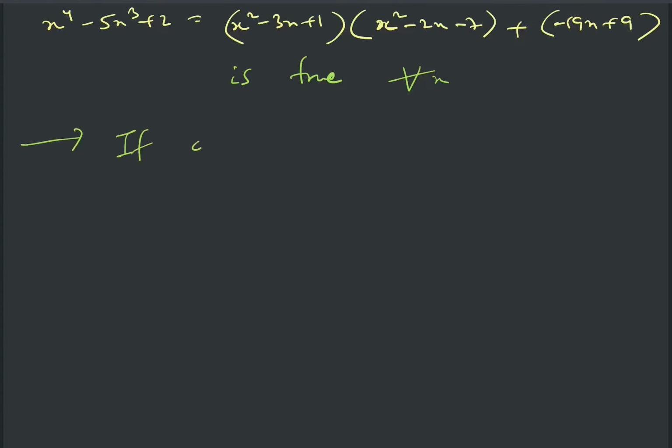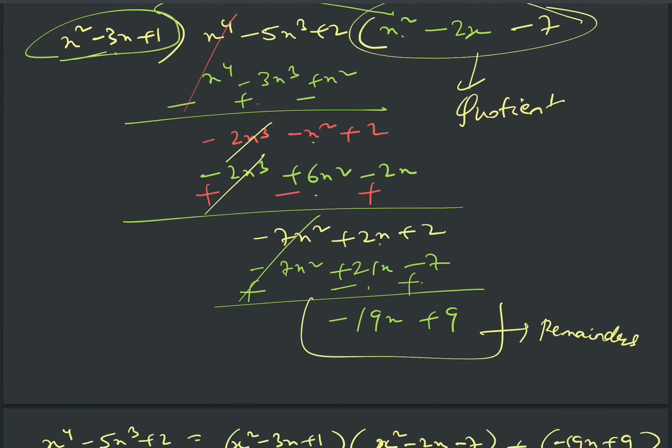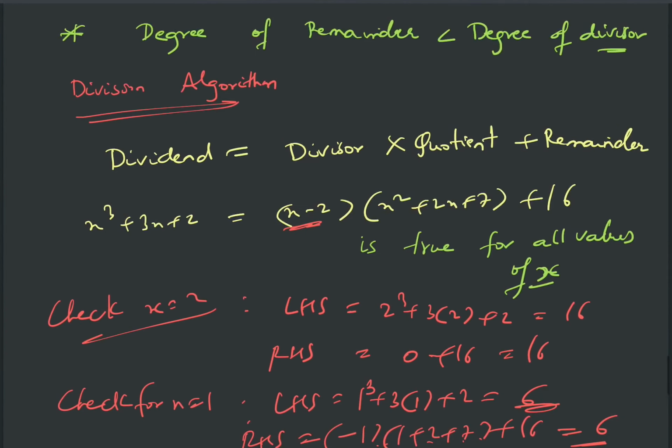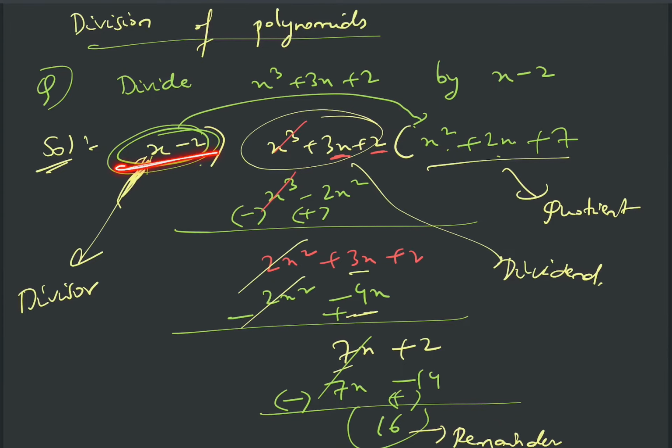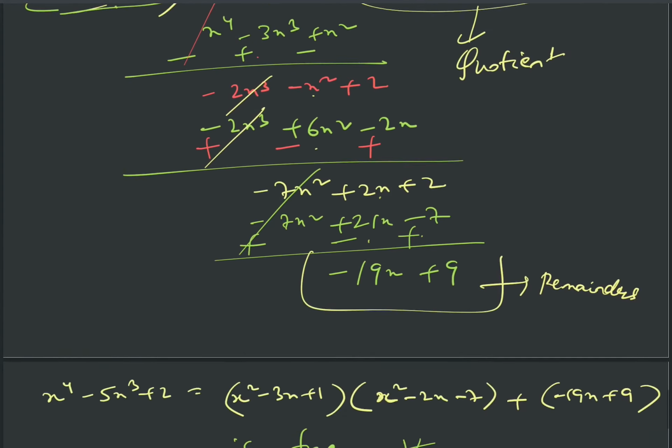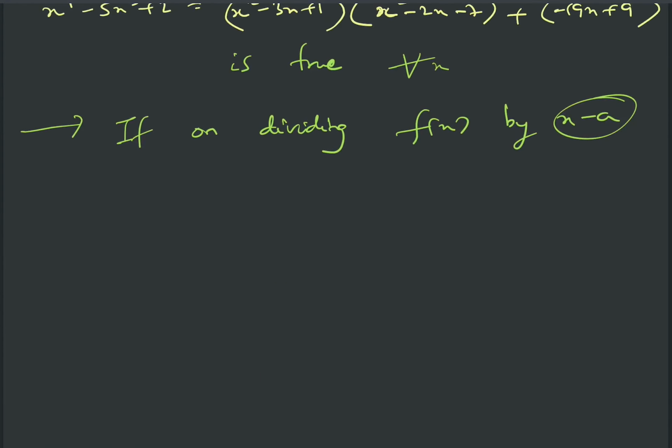So if on dividing f of x by x minus a, right, I am dividing with a linear factor. Here I have divided with a quadratic factor, and in this example I have divided with a linear factor. So you can divide with any factor. So if I divide f of x by a linear factor x minus a, then the remainder should be constant only, right?